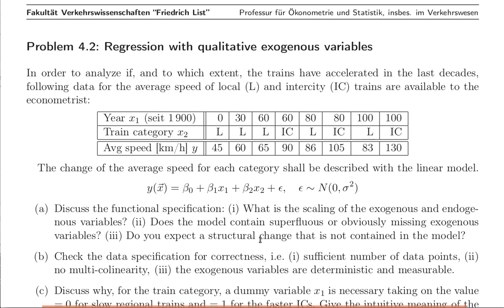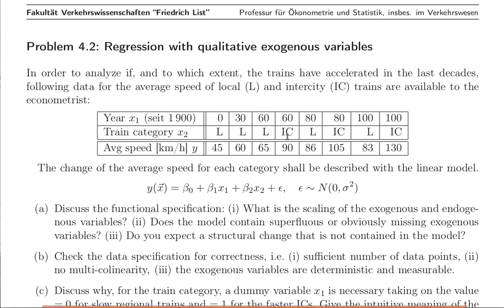What about structural change? There may be one, because obviously in the beginning, 0, 30, 60, 0 and 30 were only with local trains, and only 60 and above there are also intercities, or the precursors of intercities. I don't know if they were called this in 1960, probably not, because such an anglicism in Germany was not used at this time.